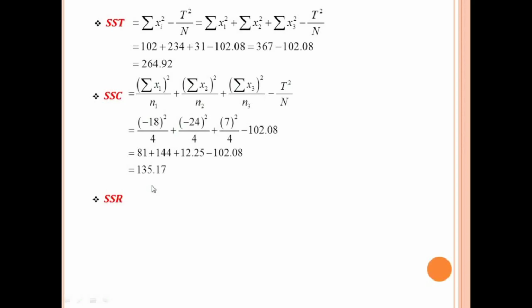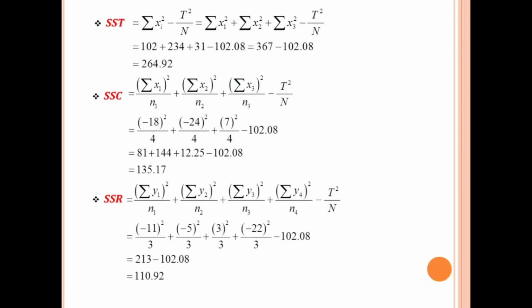Next, we find SSR. SSR is nothing but the sum of squares row wise. For row wise, we consider the same formula, but the notation is different: sum of y1 square by n1, sum of y2 square by n2, sum of y3 square by n3. In this problem, we have 4 rows, so we write 4 terms, minus the correction factor. Listen very carefully: this n1 is a sample size, but with a different meaning.